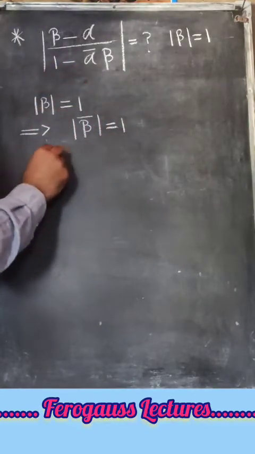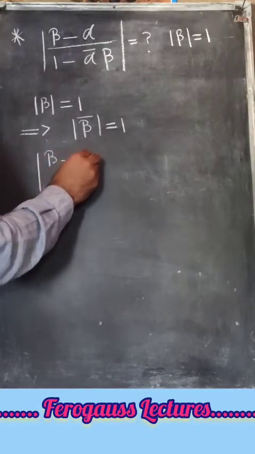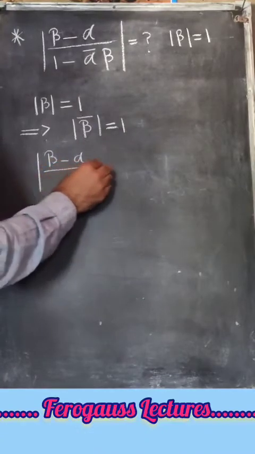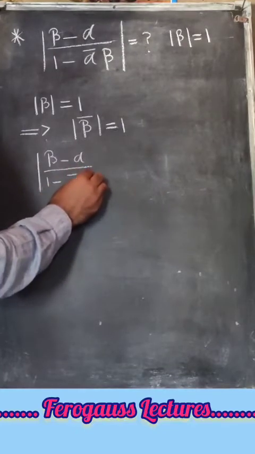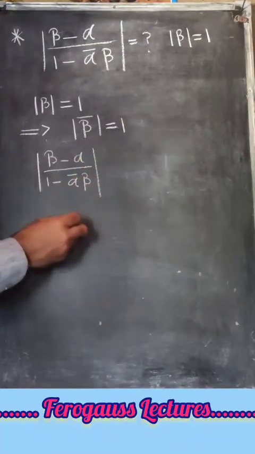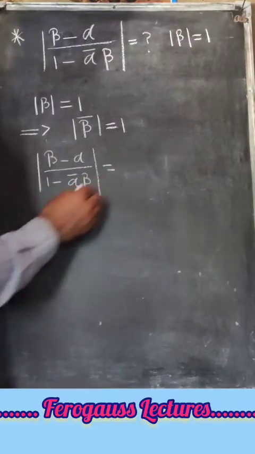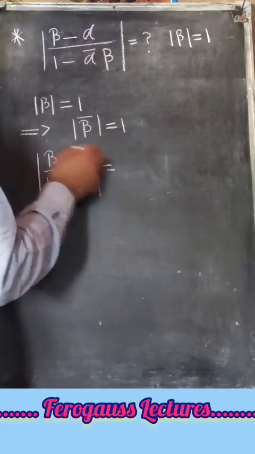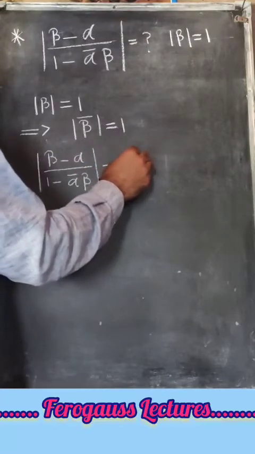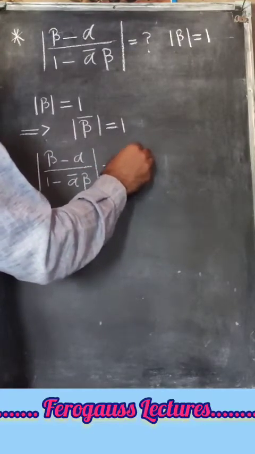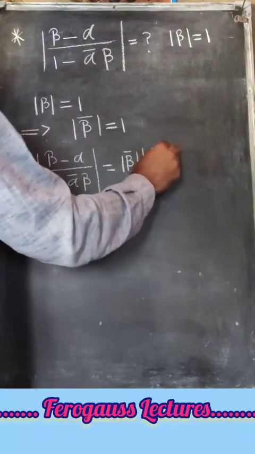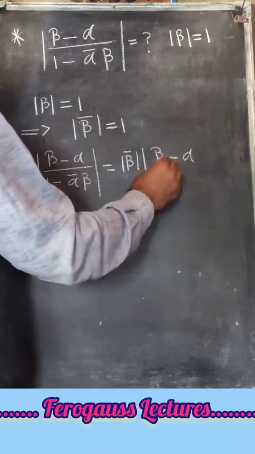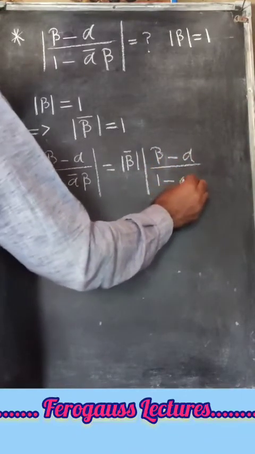For that, we can write it as the modulus of beta minus alpha divided by 1 minus alpha conjugate beta, multiplied by mod of beta conjugate.